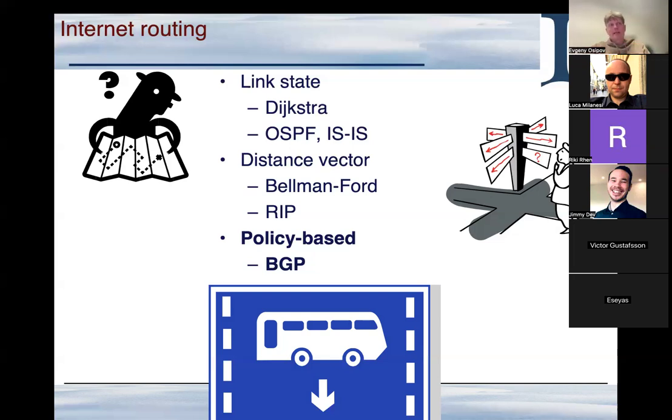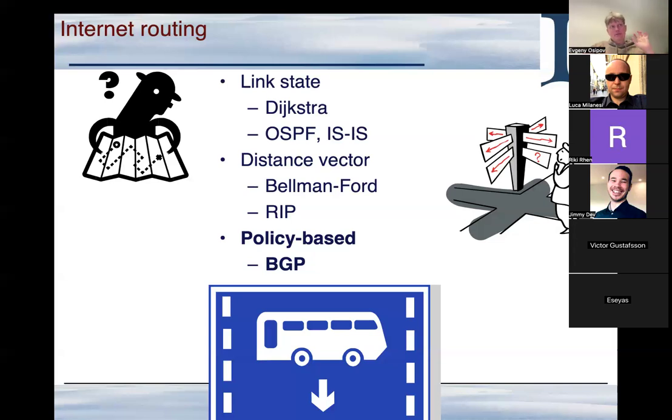On a global scale, between internet service providers, there is another protocol called BGP, Border Gateway Protocol. This protocol is not automated, it is policy based. It is basically based on contracts signed between ISPs, on who is allowed to transfer traffic for whom on a global scale.